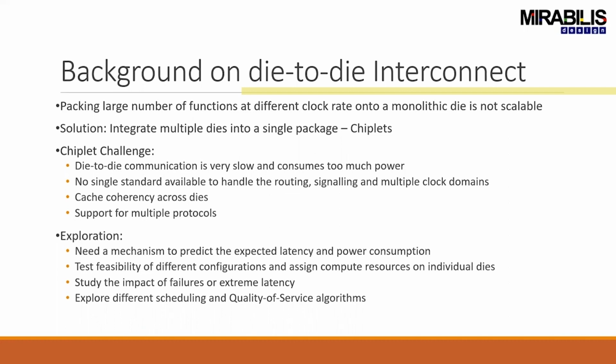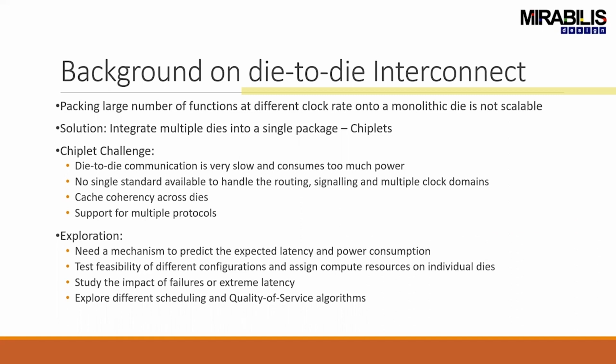What really came out of it is the ability to look at how do you study these things? How do you determine if it really makes sense to have a die-to-die interconnect or have one monolithic die? The exploration needs really a mechanism to predict what is the latency, the peak throughput, the power consumption. But at the same time, you need tests to see, is it really feasible?